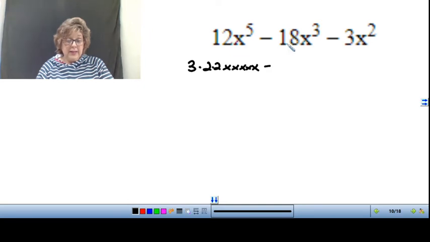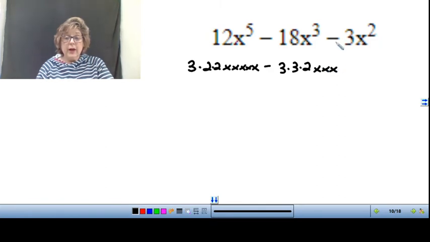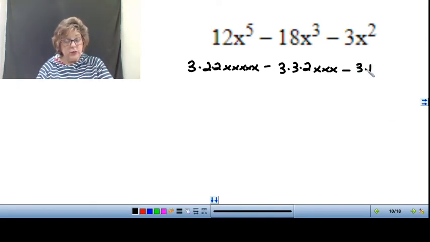Now 18 is 9 times 2, and 9 is 3 times 3, so 3 times 3 times 2, and I have 3 x's. Minus. And then in this case, I have 3 times 1, because that's what 3 is, and I have 2 x's.